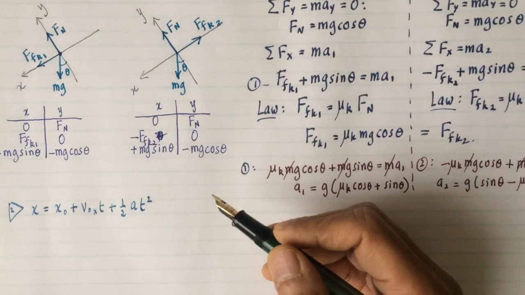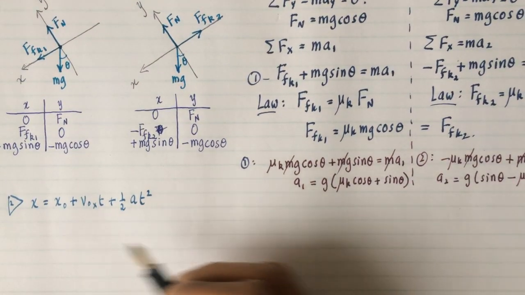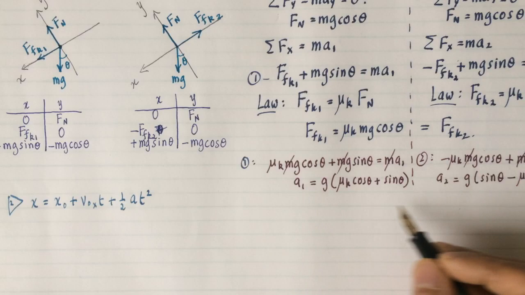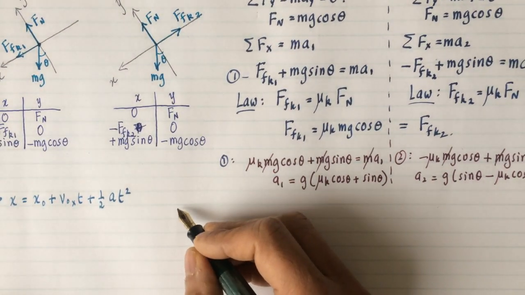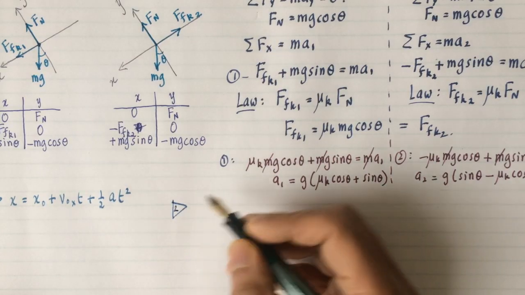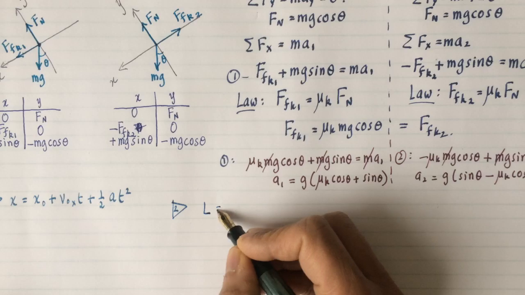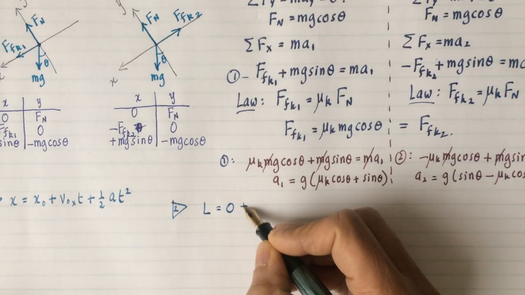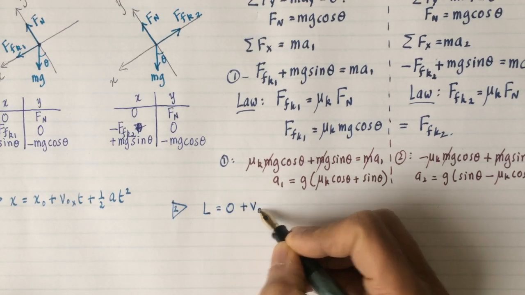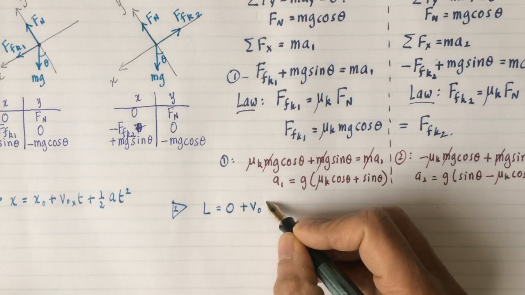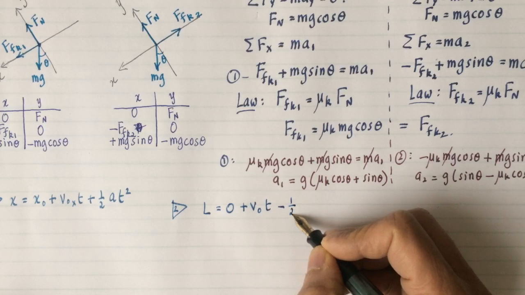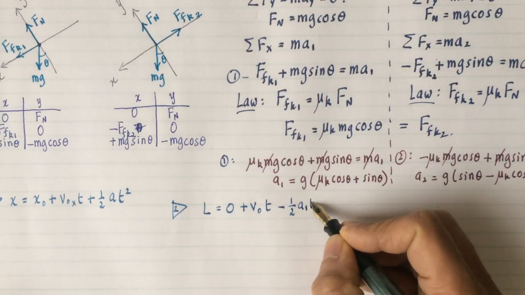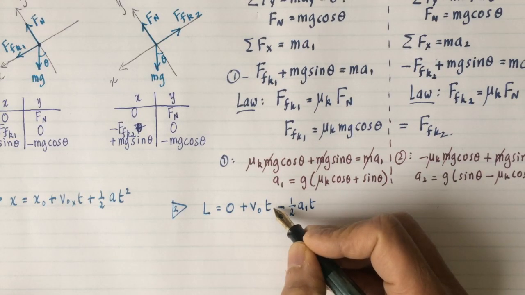Let us solve the kinematical equation 2 for both the problems. I'll do it here, one below the other. So for the way up, the final x is L, the initial x is 0. There's going to be some initial velocity, we don't know what it is, minus 1/2 a1 t1 squared. I'll call this t1.